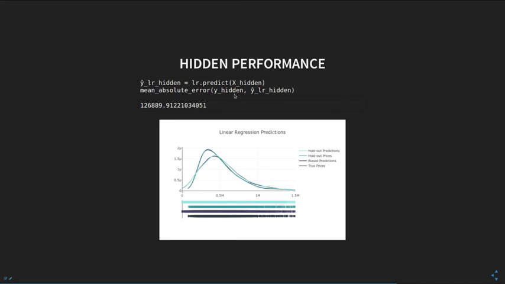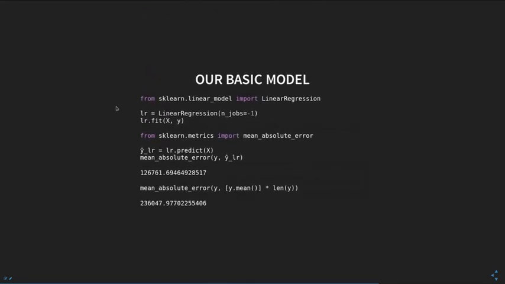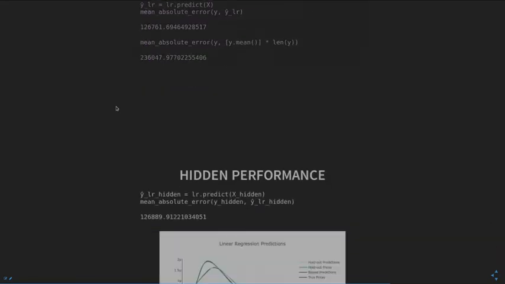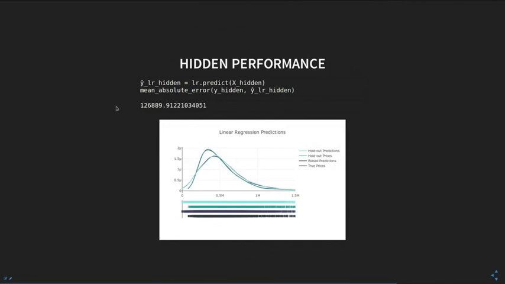So let's apply it to our hidden data set right here and see how far we're off. So actually with 120,000 something, we are pretty close to what we thought we might get. So these performances are very, very comparable, which is super good. I'm very happy with that.